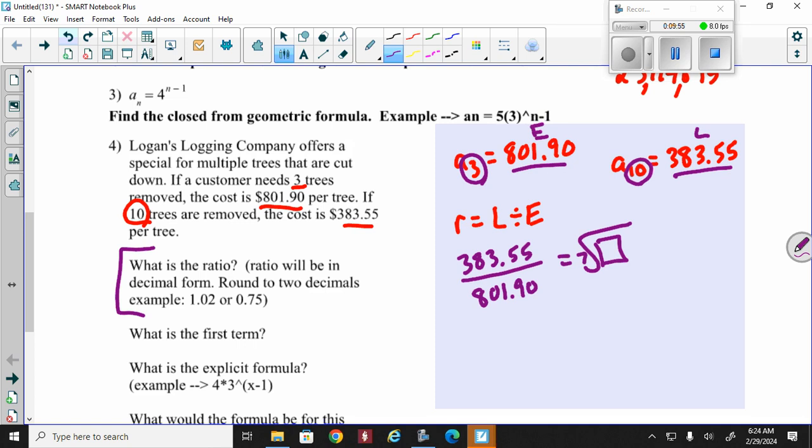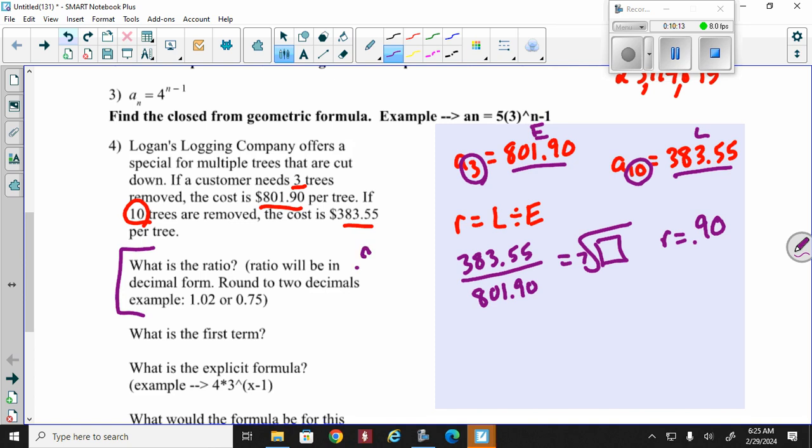The 7th root of that, because I got a pretty nasty number. I'm just going to plug it into the calculator. And my answer, R ends up being 0.90. So that's what my R is.